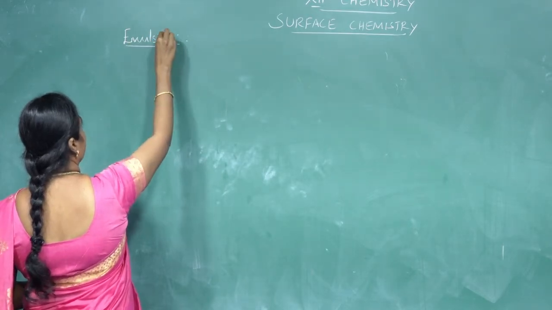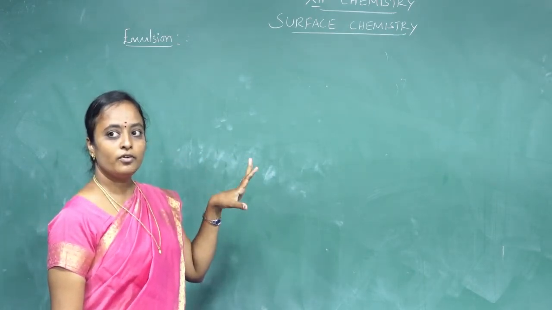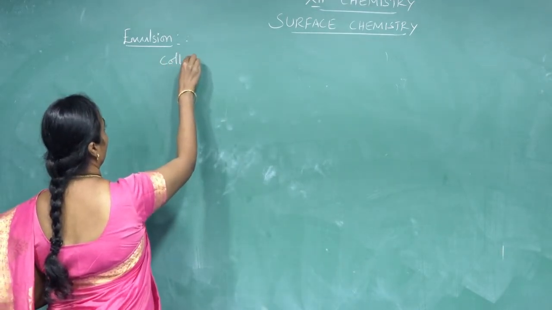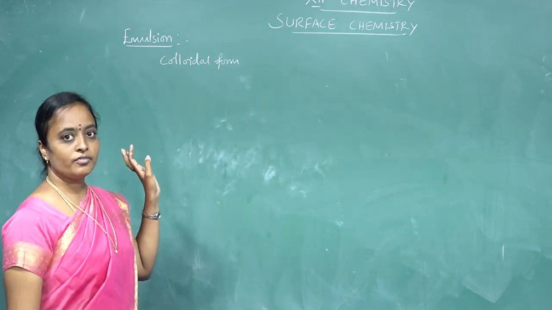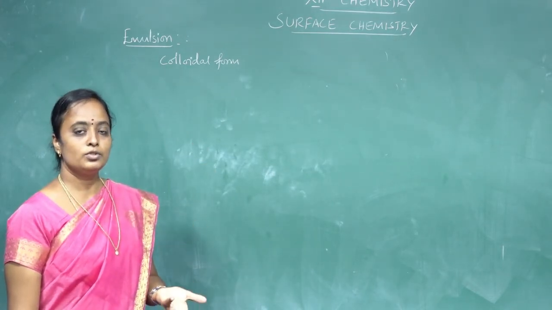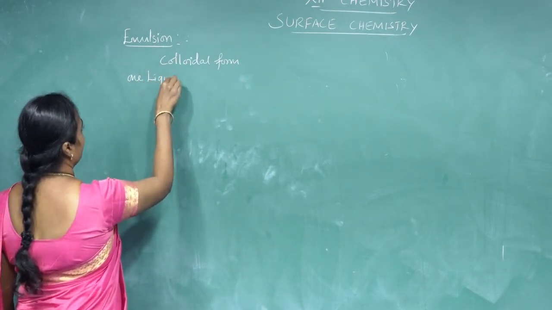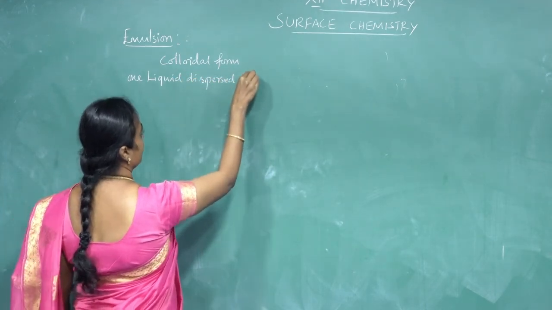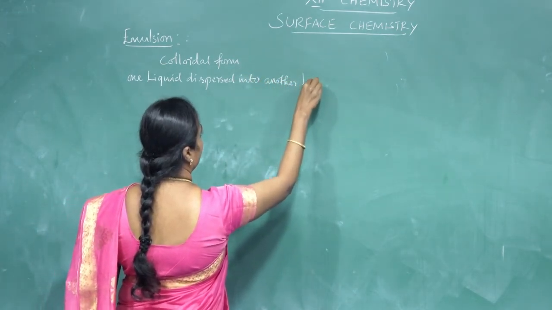First, what is emulsion? Emulsion is a colloidal form of a liquid solution. In it, one liquid is dispersed into another liquid.